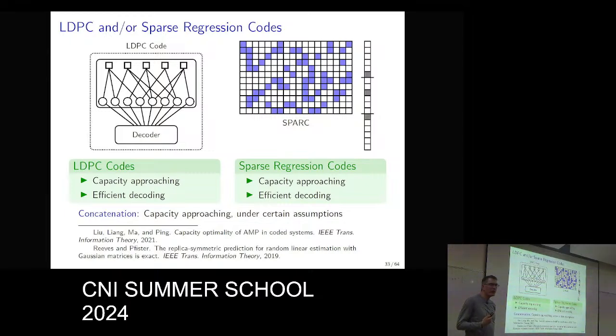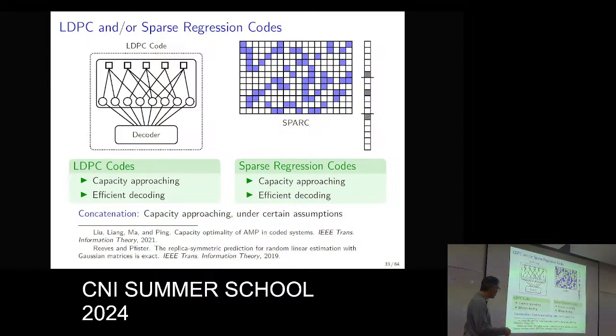Okay, so I also want to say that our group did not create this marriage. Some other researchers have looked at the concatenation between the 2, and that includes Ping, who has done extensive work on that, and I'm citing one paper, but there are several of these papers. Liu, Liang, Ma, and Ping. In this paper, they show that a structure that does concatenation can be capacity achieving as well.